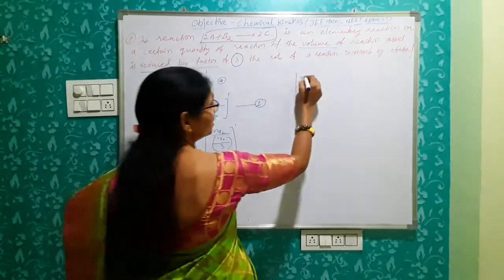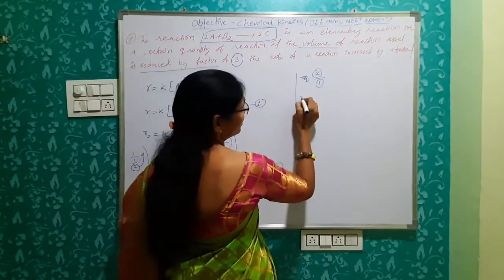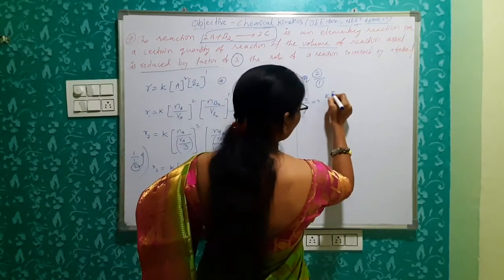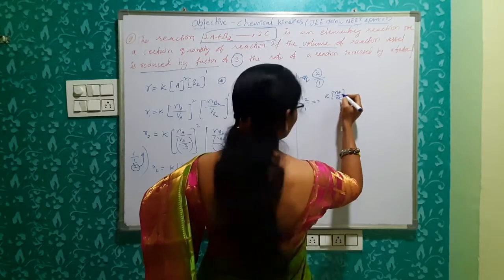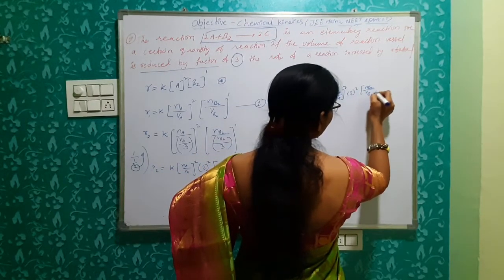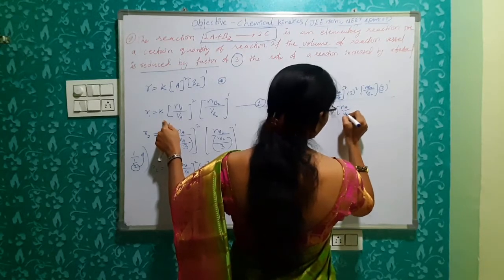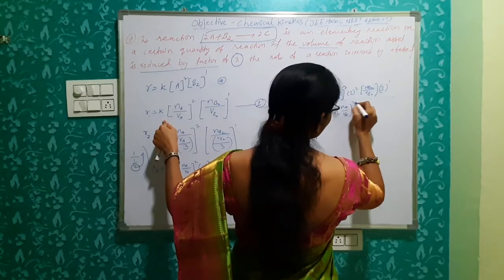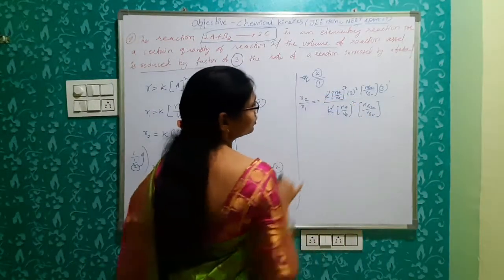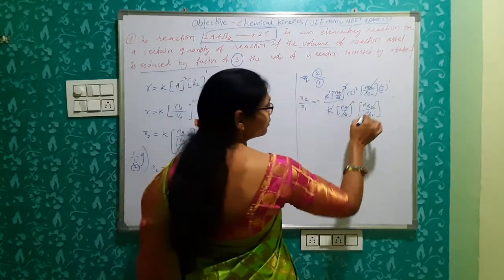By dividing equation 2 by 1, we get R2 by R1 equals K into NA by VA power 2 into 3 square, into NB2 by VB2 into 3, divided by K into NA by VA power 2 into NB by VB. Now the K's mutually cancel, NA by VA power 2 cancels, NB VB cancels.